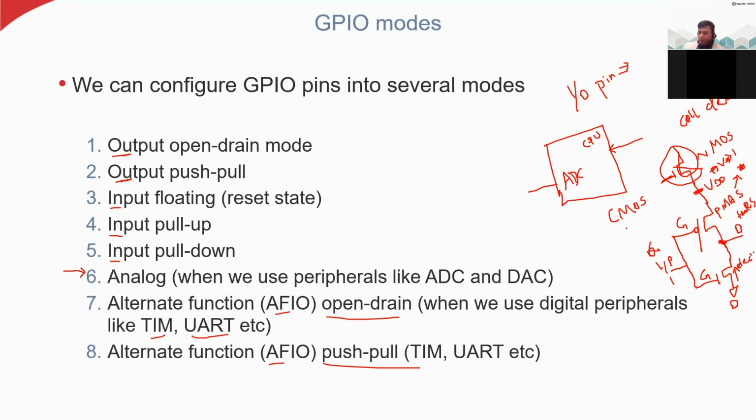So just try to remember this concept, because push-pull and open drain everything depends upon this CMOS operation. All the microcontrollers and microprocessors are implemented by using CMOS transistors. That is why we say the fundamental design unit of any microprocessor and microcontroller design is CMOS transistors. In transistors, we have so many different types.